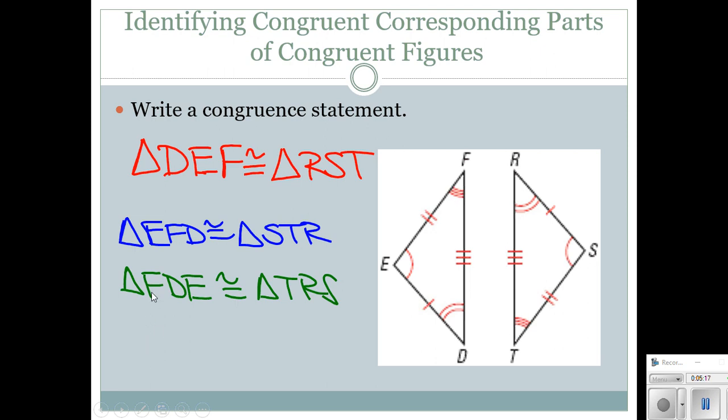And you can also write FDE is congruent to TRS. So F matches T right there. D matches R. And then E matches S. Matchy matchy. So if you write any of these, as long as they're matchy matchy, they're written correctly.